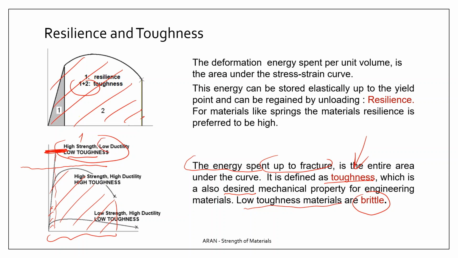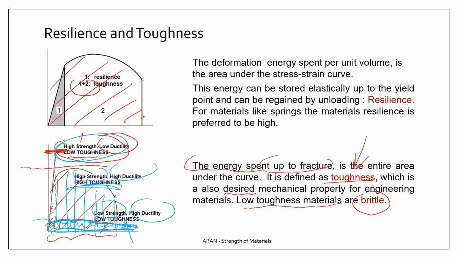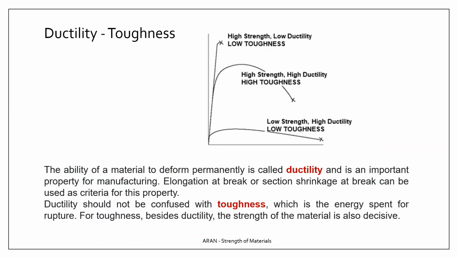Why? The ductility is low. Well, if we look at the specimen like this, the specimen's strength is low, ductility is high, but again, this does not help me to increase this area. Then these two materials have low toughness, whereas this material, which has high strength and high ductility, has high toughness.